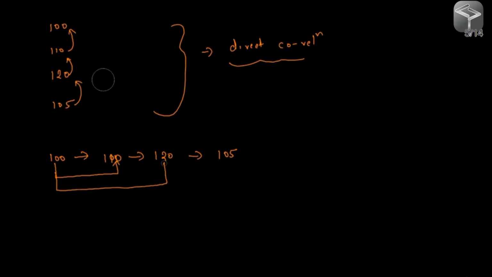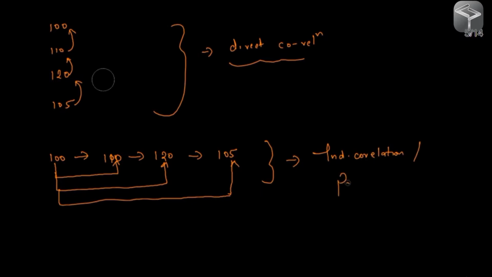And what if this 100 is also correlated with this one? This type of correlation is my indirect correlation, or I can say this is my partial correlation. This is a use case of partial correlation, or indirect correlation.